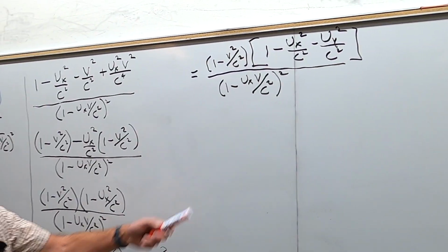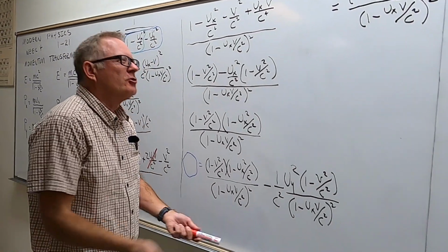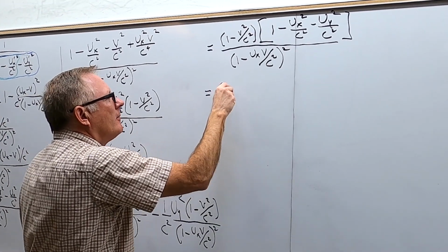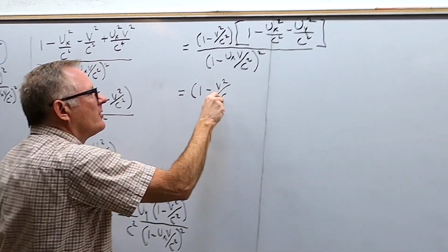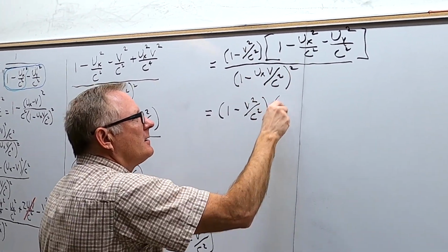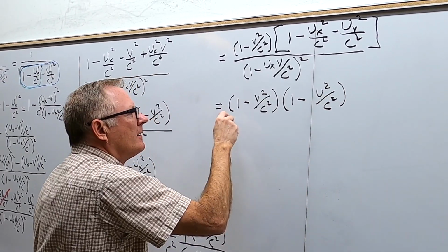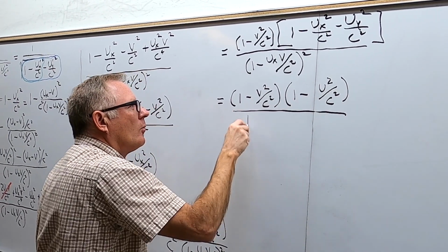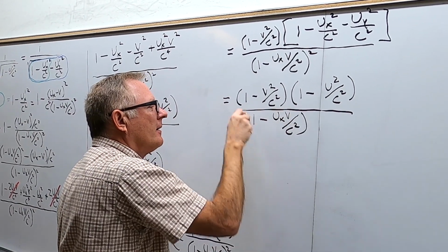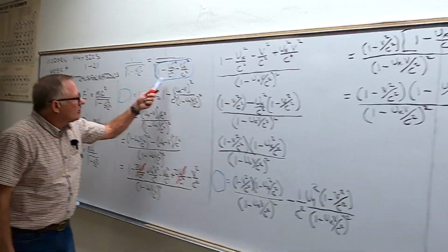Okay, but ux squared and uy squared put together is just u squared. So this all comes down to be 1 minus v squared over c squared, 1 minus u squared over c squared, divided by 1 minus uxv over c squared, squared. So that's everything in the blue.